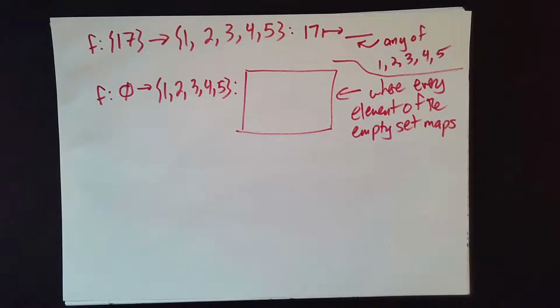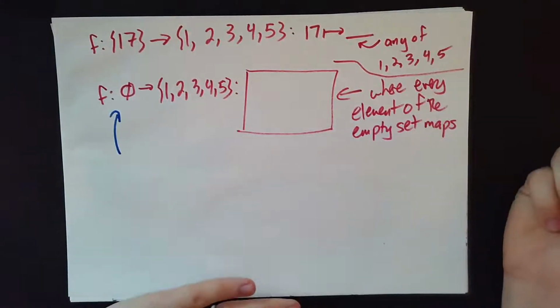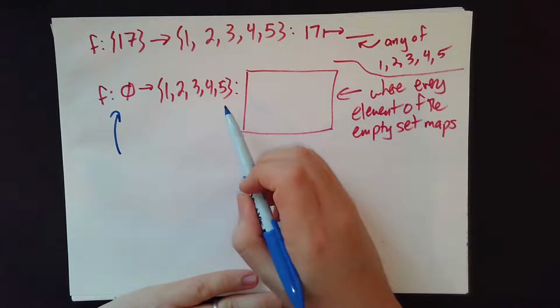And so the heart of this is that this is the only function from the empty set to the set 1, 2, 3, 4, 5.